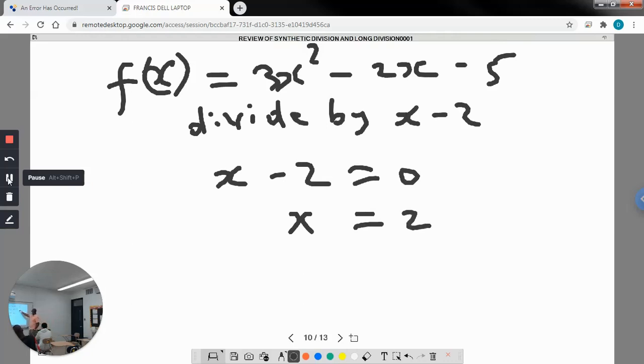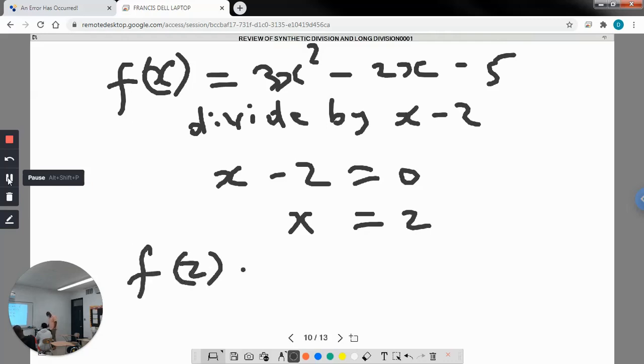If it was plus 2, then we would have x plus 2 equals 0, so x equals minus 2. You catch me? So in this case, x equals 2, and now we are going to find out what f of 2 is.